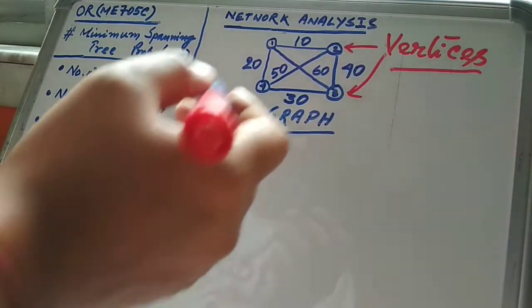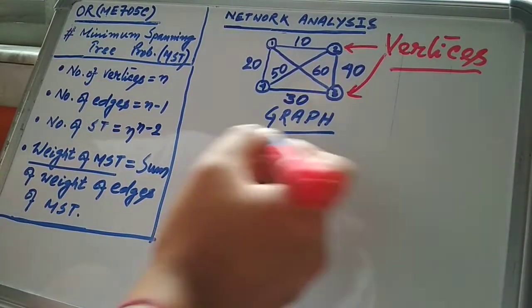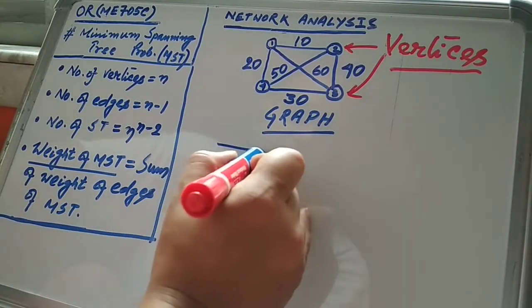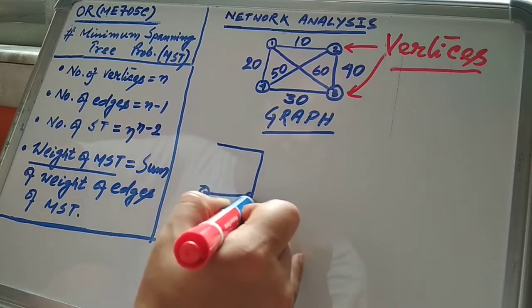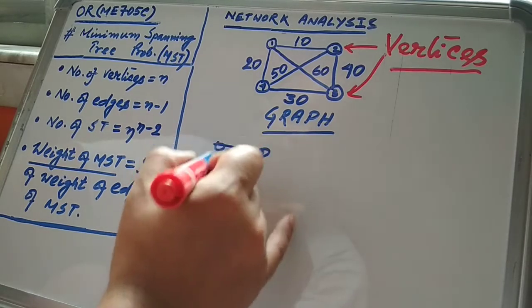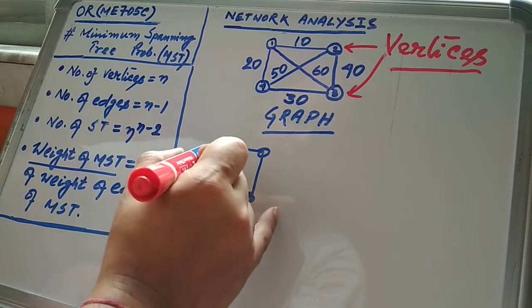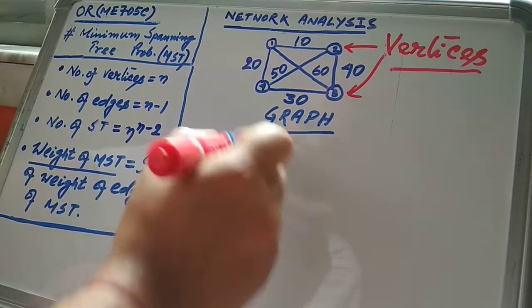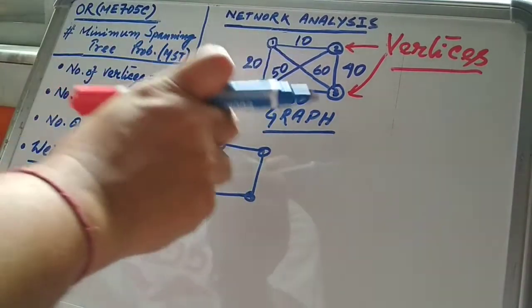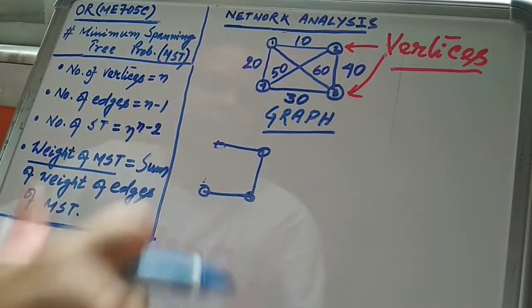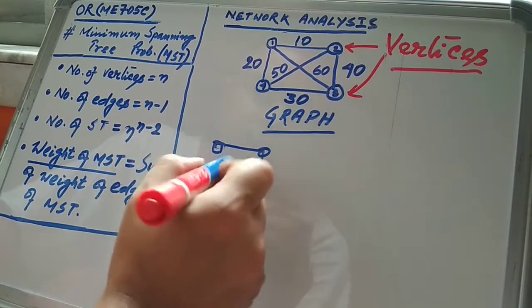It is a closed one, but a tree can be like this one. It cannot form a loop. If I connect this one, this will become a graph. So we cannot form a loop in the case of a tree.